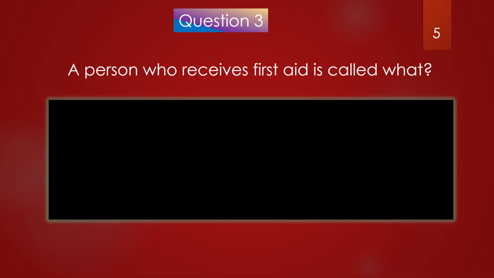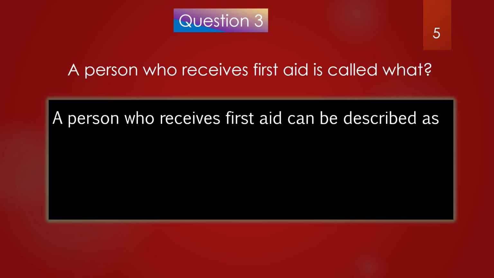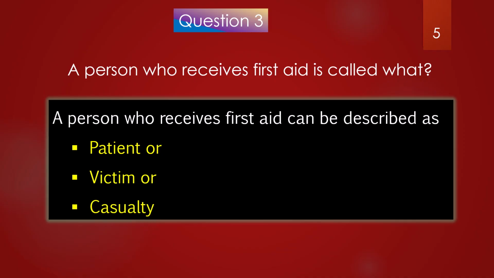A person who receives first aid is called what? So what do you call the person who receives first aid care? A person who receives first aid care can be described as patient, victim, or casualty.